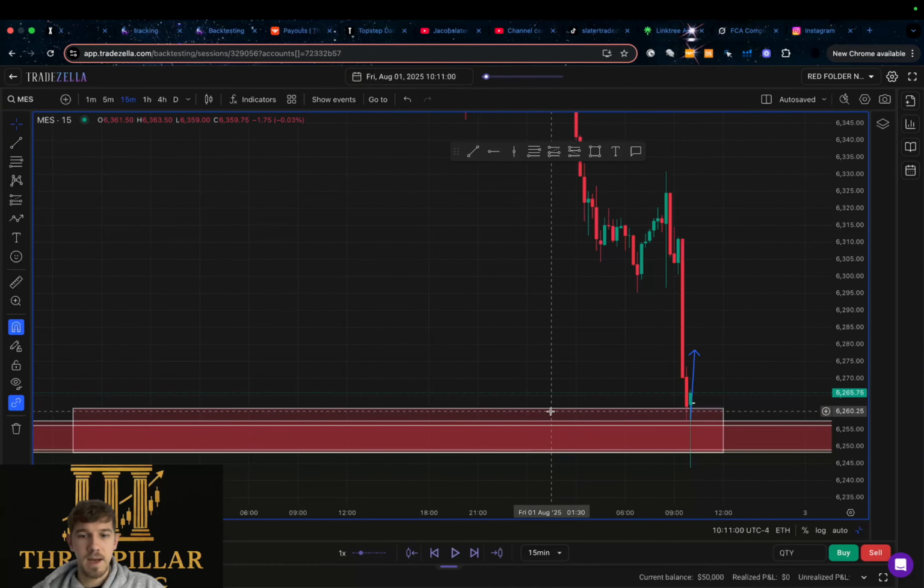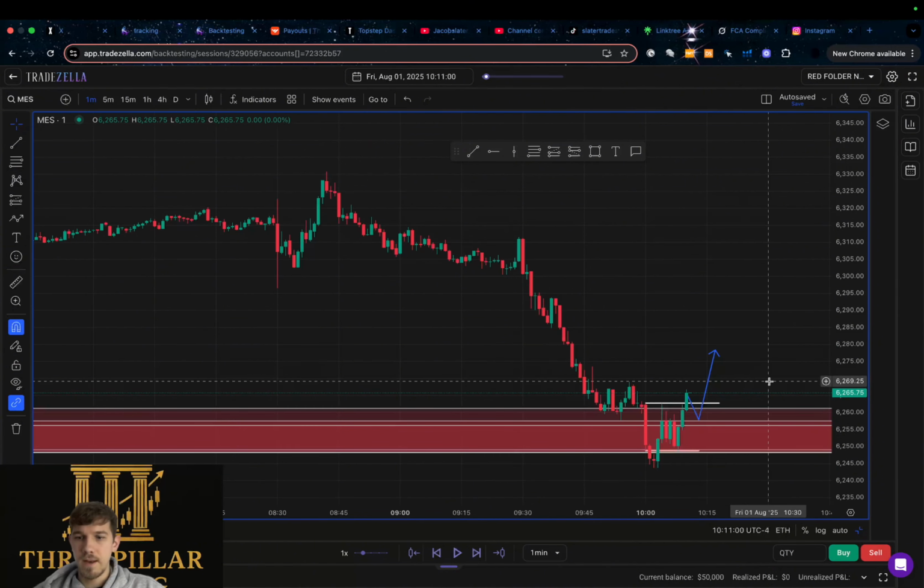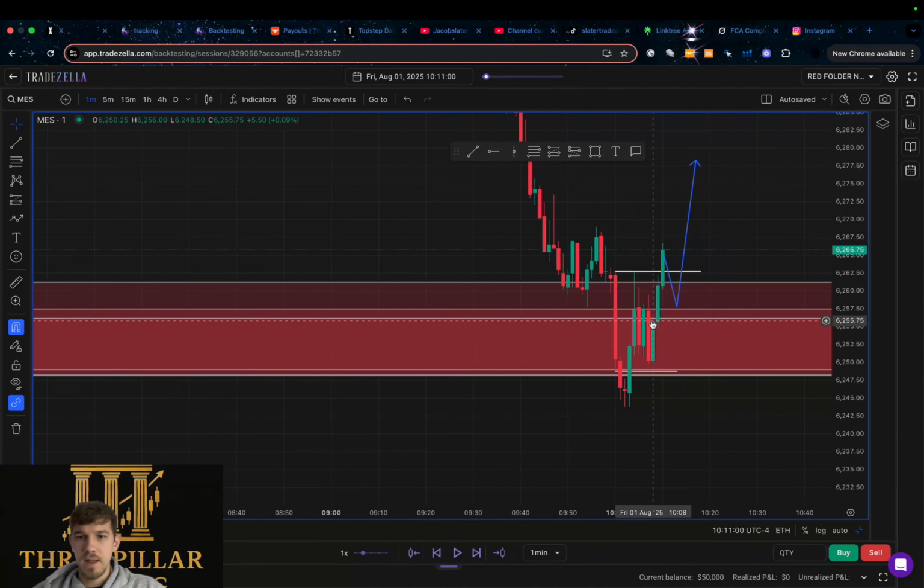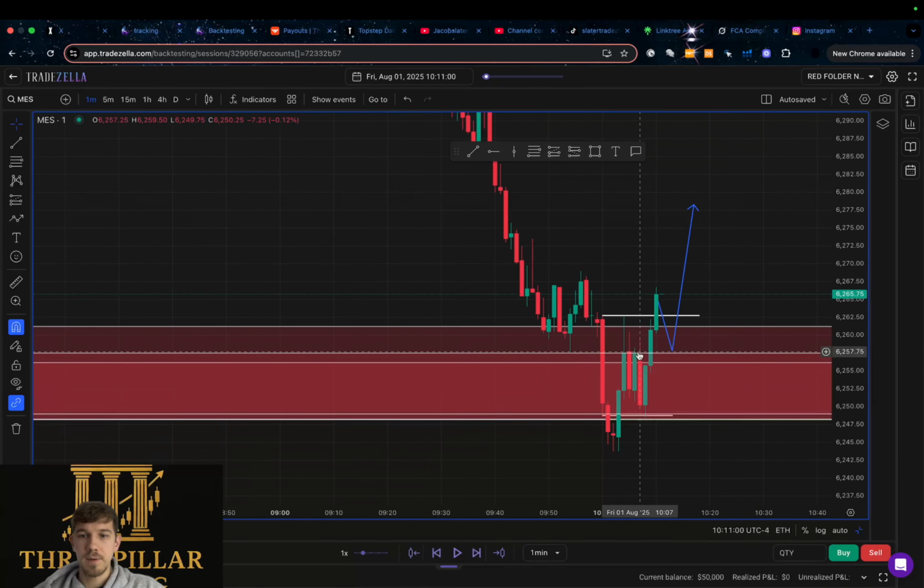So we've formulated a bias after sweeping sell side, and we've got higher time frame liquidity as well. And then just like that, take the low, and then we take the data high with displacement as well.